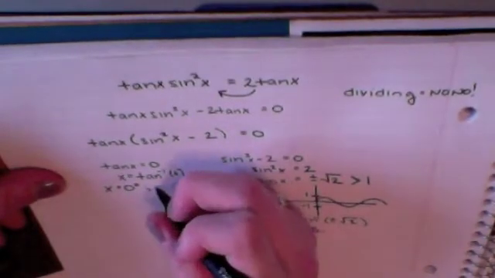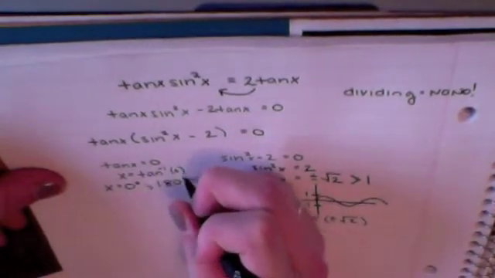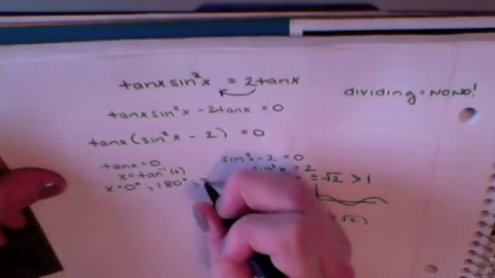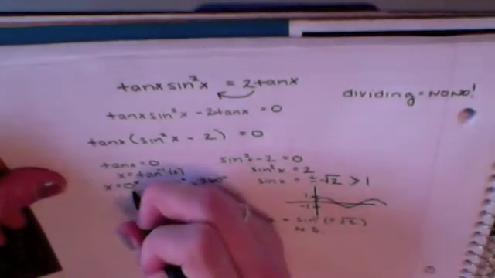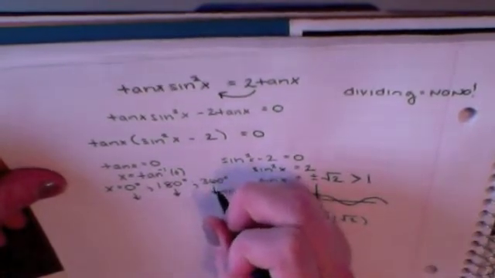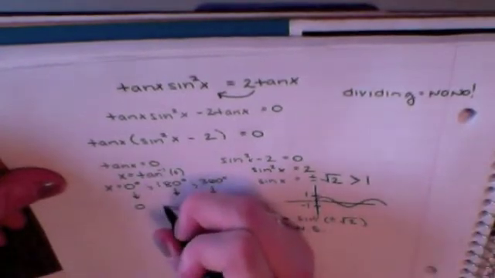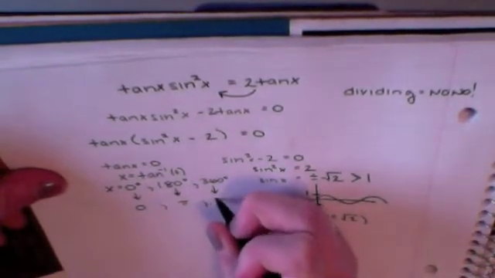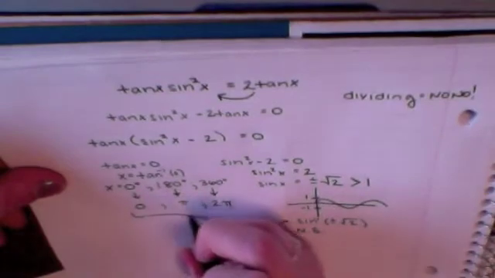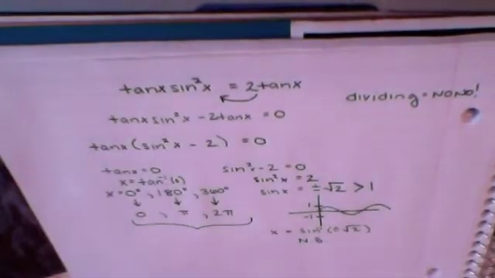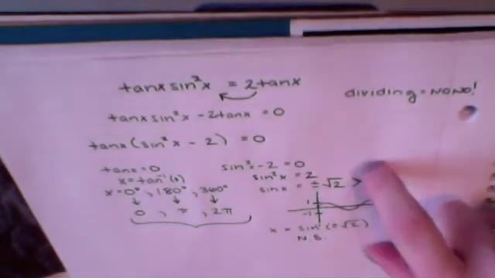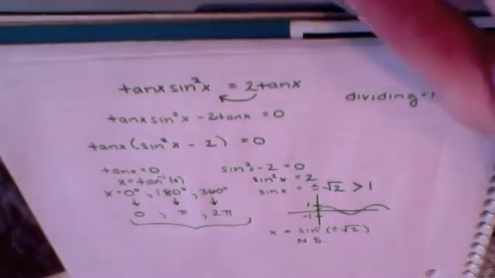We know it is 0 at 180 degrees. And it's also 0 at 360 degrees. We have to convert all of these to radians, so we know 0 radians, pi, and 2 pi. These are our only 3 solutions because sine squared of x, that factor over here, produced no answers.